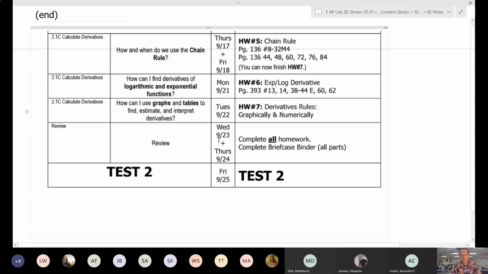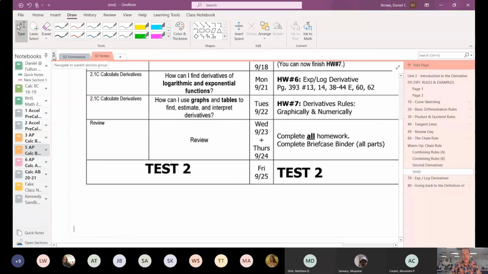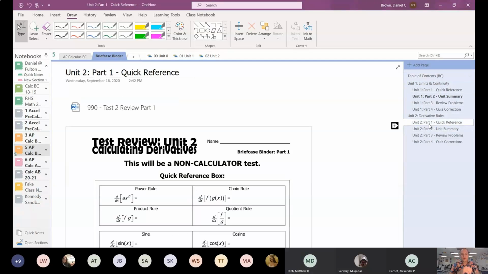And things you'll be doing on Wednesday is, of course, finishing your homework and working on your briefcase binder, which does bring me to, I did share it with you, I think it was yesterday. It's shared with you either way, but on your briefcase binder, I did go ahead and share with you the Unit 2 stuff. So you have your quick reference.